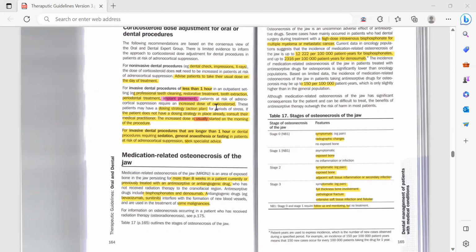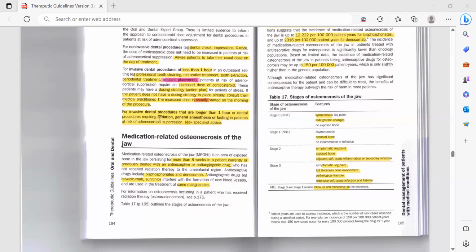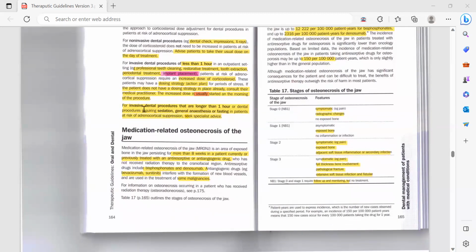If they do not have one, then consult with their medical practitioner, and the increased dose is usually started on the morning of the procedure. But if there is any invasive dental procedure that would require longer than 1 hour, or a dental procedure that would require sedation, GA, or fasting, then you won't be treating that patient, you need to seek specialist advice on that.